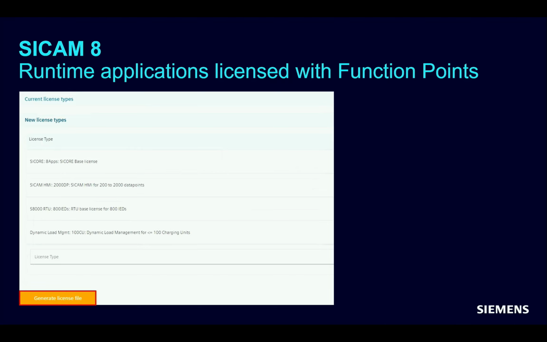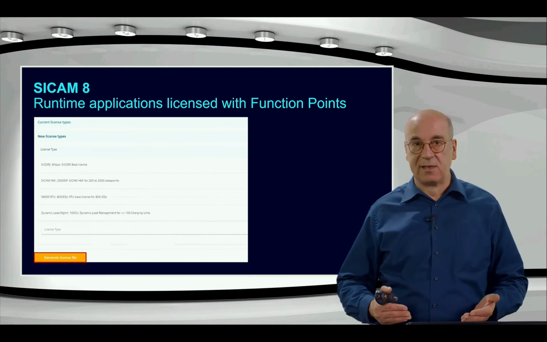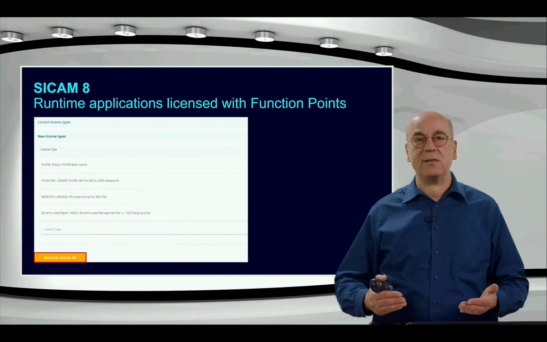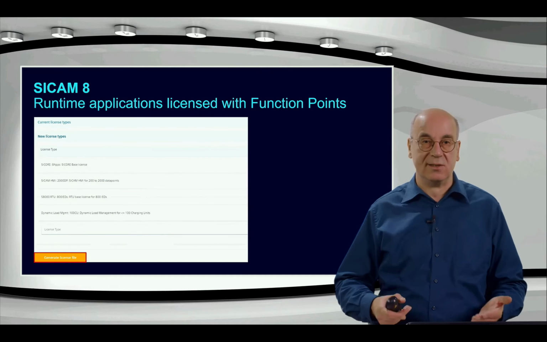Select now step by step the licenses you need. Press the Add button, and after all licenses are in the list, you can generate the license file containing all the selected applications by pressing the Generate License File button. The generated license file is available after some seconds, and you can download it and transfer the file via Sicam Web into your device.